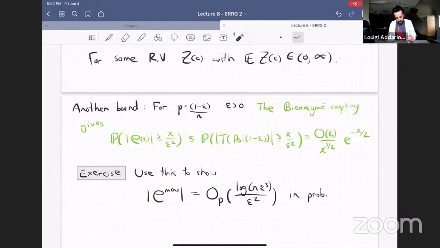There's just one or two steps to get from here to there, and I spell those out in the exercises, so it shouldn't be too hard to do.